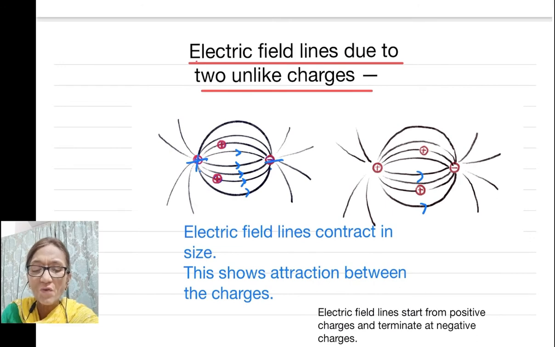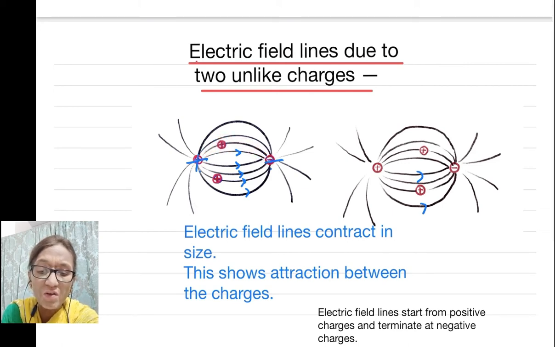Similarly, if you take two unlike charges, one positive and another negative, then what happens? Then the shape of the field line is changed. Now it is of this shape. What does this mean? This means that when you place a test charge at any one point, it will move on this trajectory.